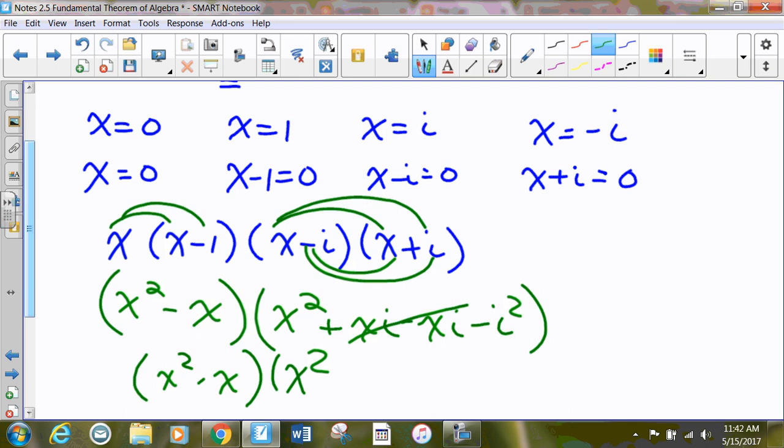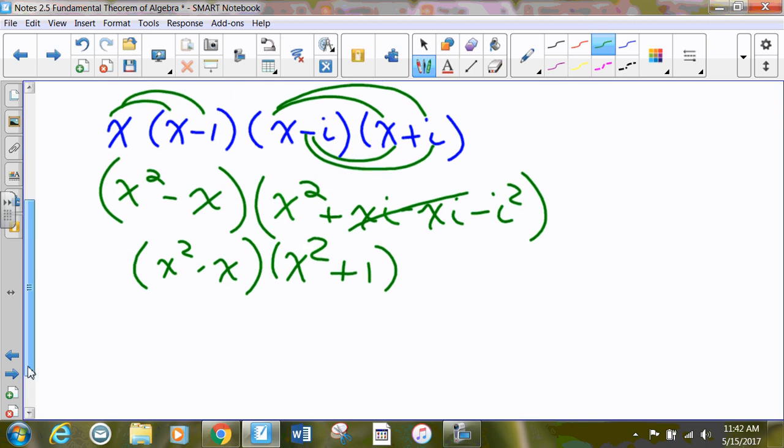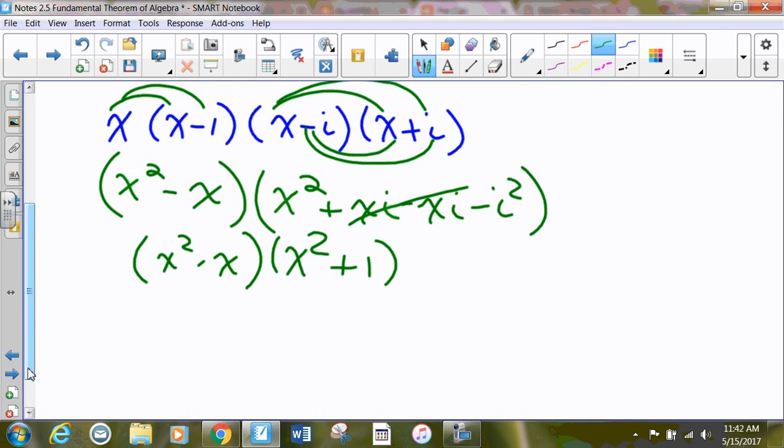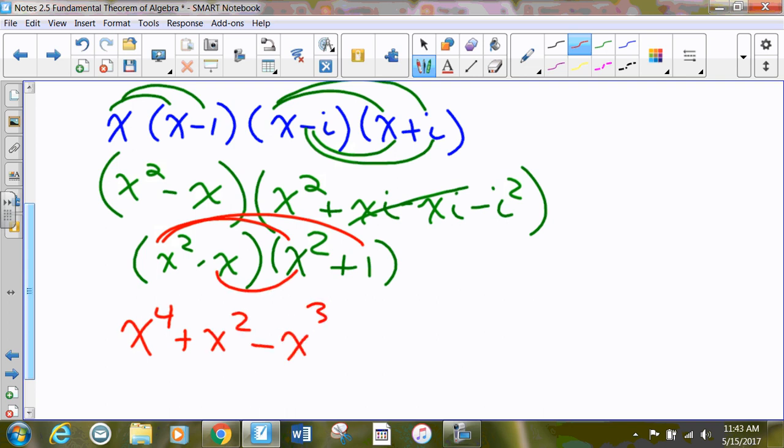So minus a negative 1 is a positive 1. Okay, I've been doing too many tutorials in a row. Let's go ahead and switch up colors again, and let's distribute again. So we'll have x squared times x squared, which is x to the 4th, and then x squared times 1 is x squared. Negative x times x squared is negative x cubed, and negative x times 1 is negative x.